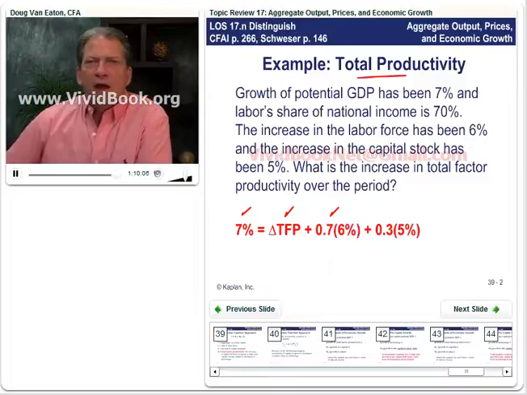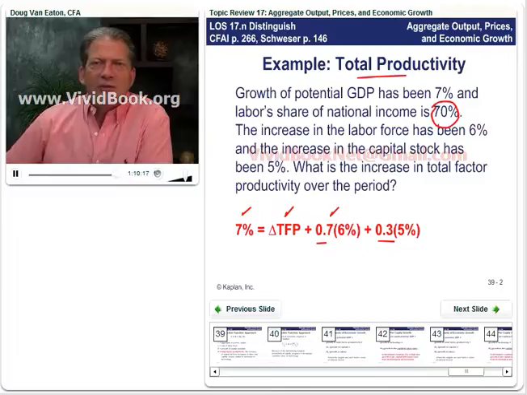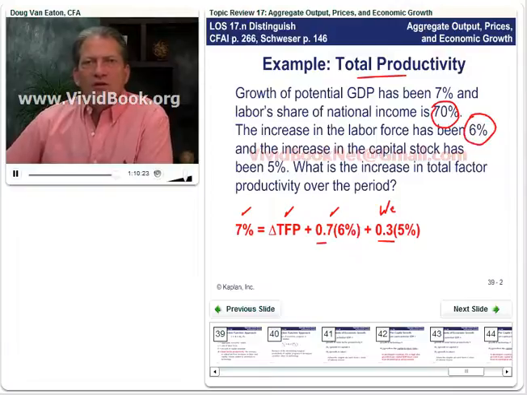And here we have labor's share of national income, 70%. That means that capital's share of national income, so this is WC, has got to be 30%. Well, we've had a 6% increase in the labor force and a 5% increase in the capital stock. So we plug those in, and what do we find?